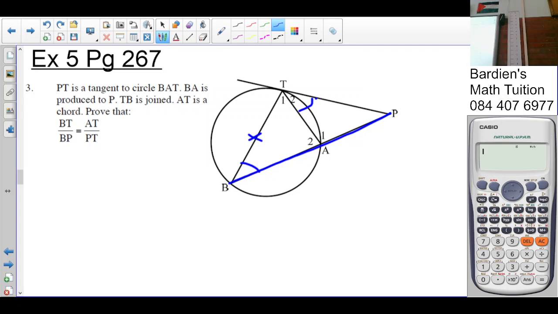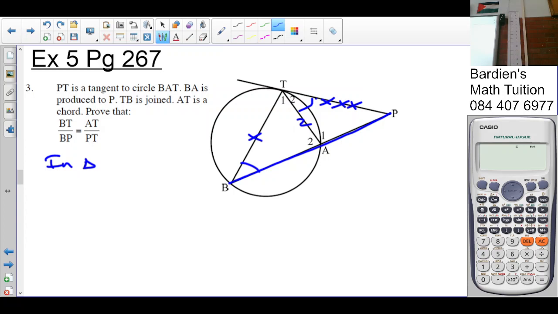Yes, sir. Okay. Then they got AT, which is this here, not so? And PT, which is this one. So which triangles do you think we're going to work in?